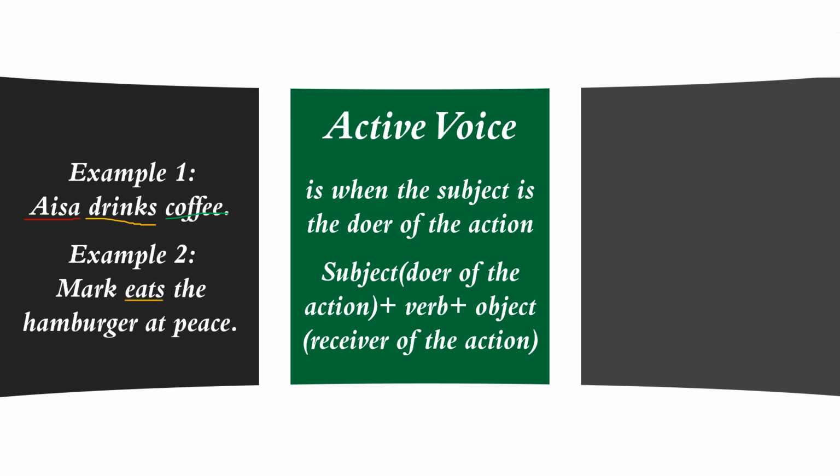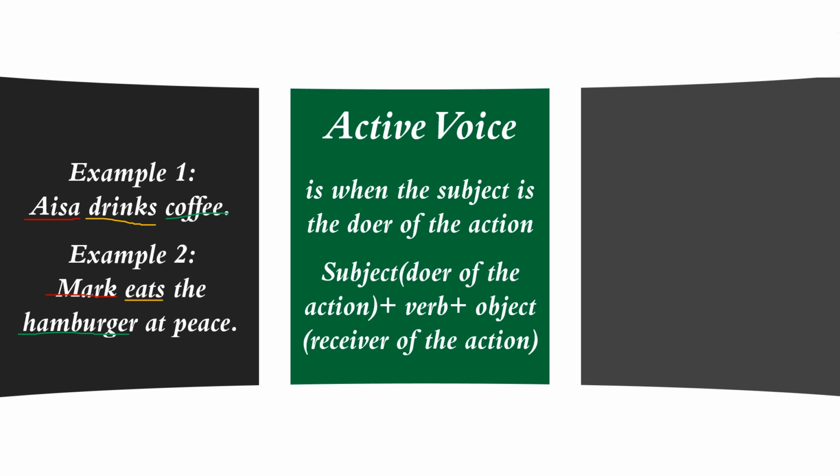The verb of the sentence is eats. Now, to determine the subject, we ask the question, who is doing the verb? Who is eating? Who eats? It's Mark. So Mark is eating what, or what is being eaten? The answer to that question, I know that you already know, is hamburger.